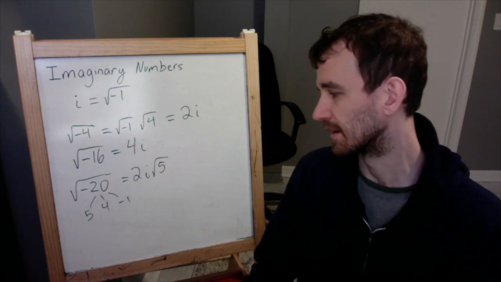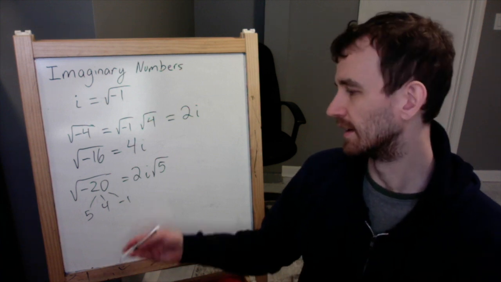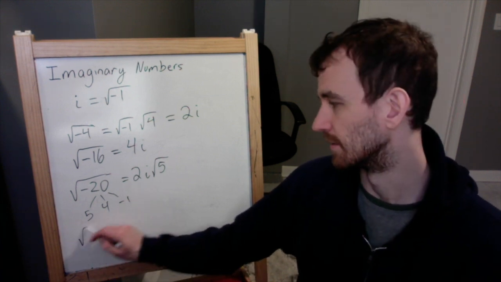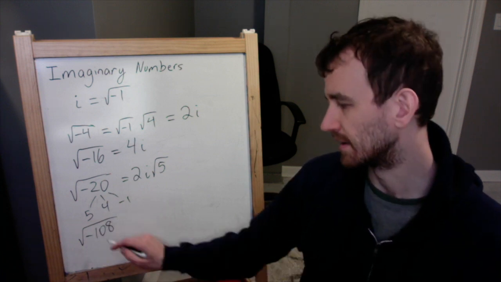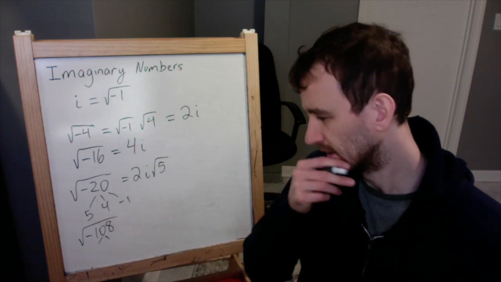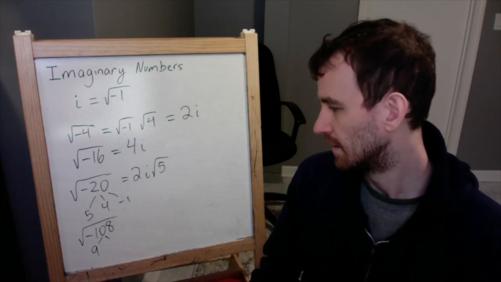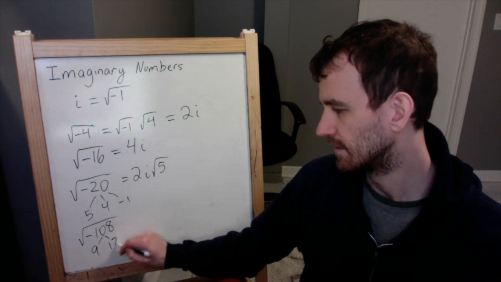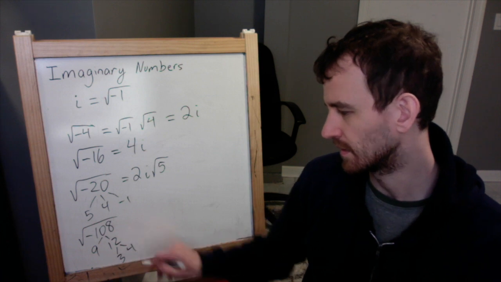So if you're simplifying a negative radical, you do it just the same way you would a positive radical and throw in an i. For example, if we had the square root of -108, then we just break down 108. We could do 9 times 12, and then 12 is 3 times 4.